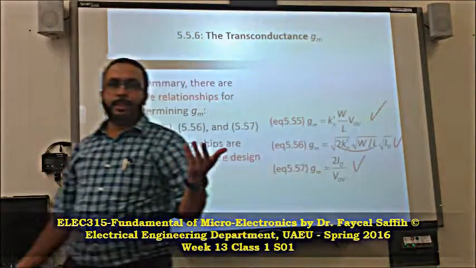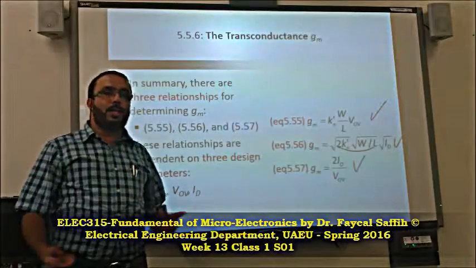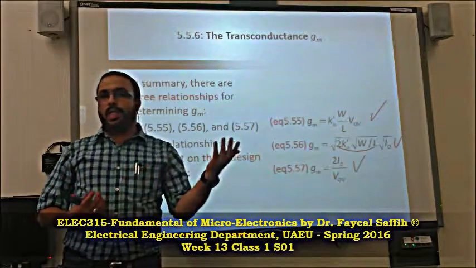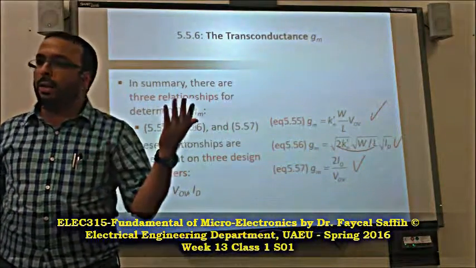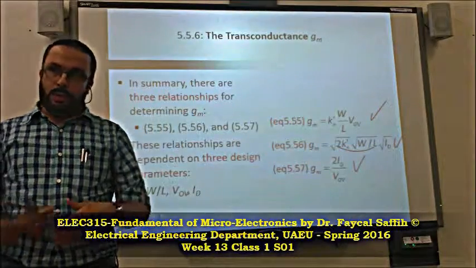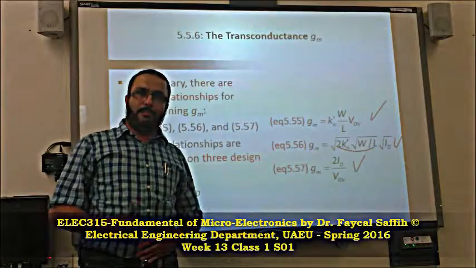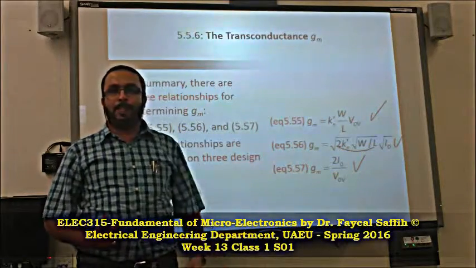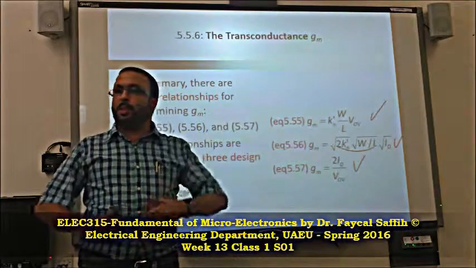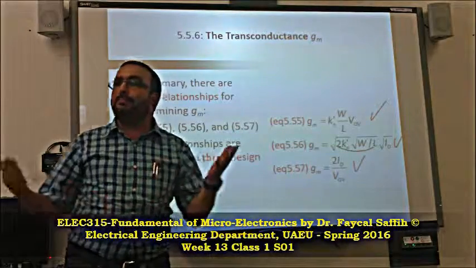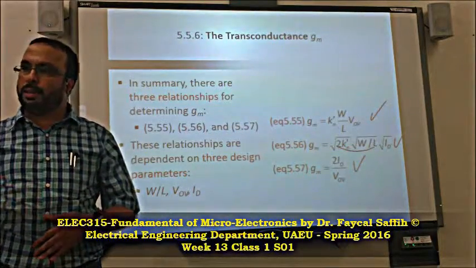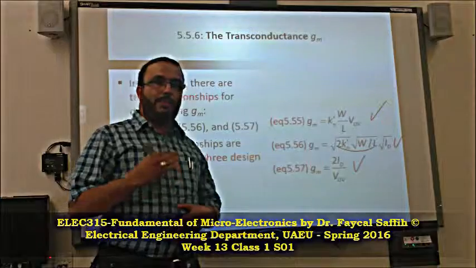So these equations describe the situations in which we can calculate gm. We don't have all the parameters all the time; sometimes we have some and we don't have the others. Why is this important? Because gm is an important parameter in an amplifier. You will see later, starting today, that gm is a very important parameter.